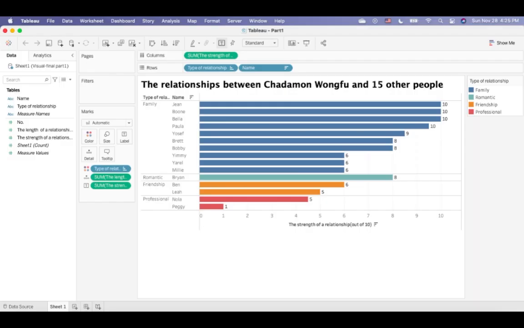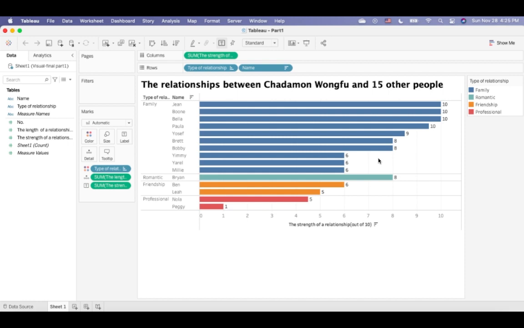As we can see, it is a bar graph. I chose the bar graph to visualize my data because I think this type of graph provides the best comparison of the relationship among people, and it is the best fit for nominal dimensions and metric measures.